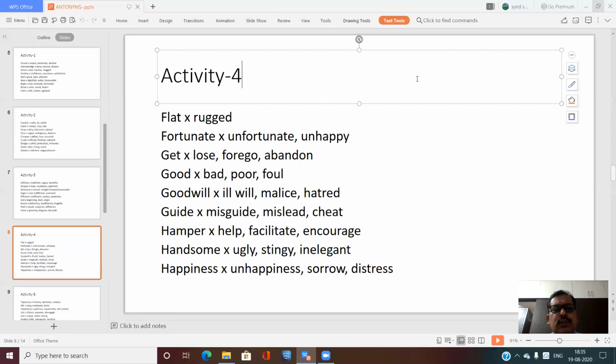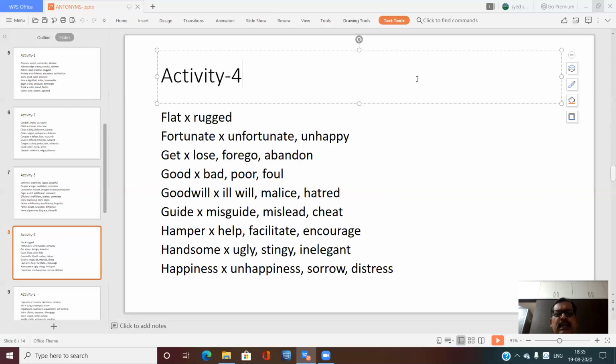Good, opposite words: bad, poor, fall. Goodwill, opposite words: ill will, malice, hatred.